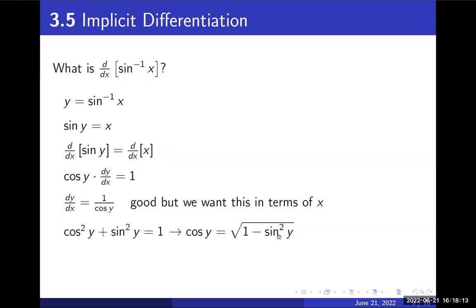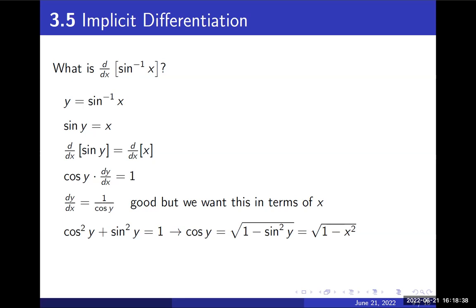But look, sine squared y is in that, right? And up here, sine of y equals x. So this sine y we can replace with x, and we can say that the cosine of y is equal to the square root of 1 minus x squared.